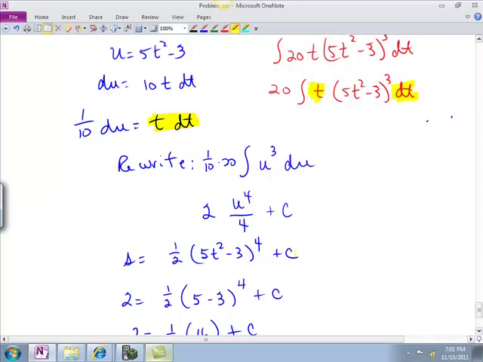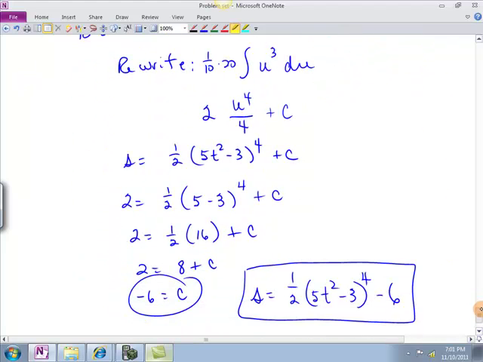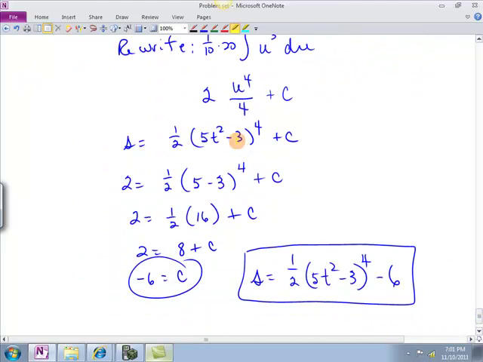Now, the other part of the problem said s of 1 is 2. Well, if I let 1 go in here for t, and I put 2 here because s of 1 is 2, what am I going to be able to solve for? The c.